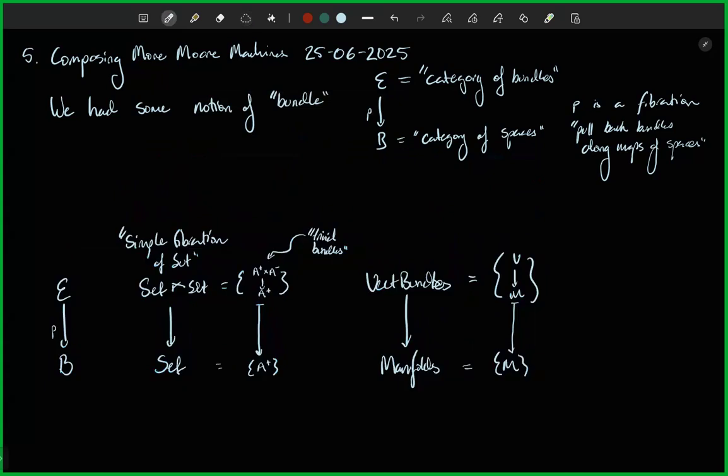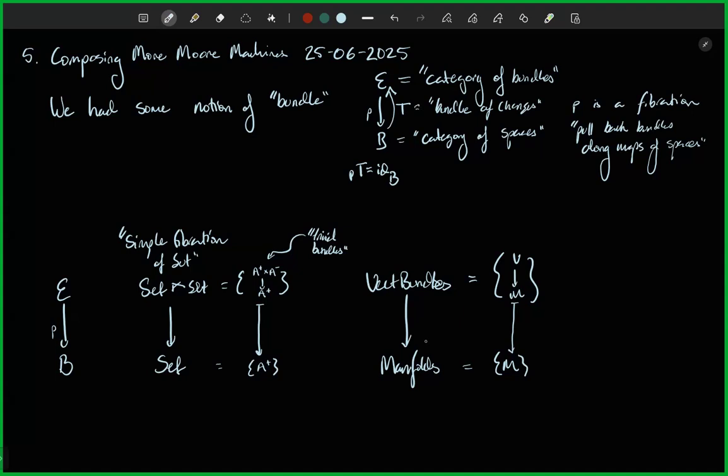We also had some other data that was important to describe the notion of system in this setting. We also have a section T, so that PT is equal to id B. That's what it means to be a section. And this here is going to be the bundle of changes, something like a tangent bundle.